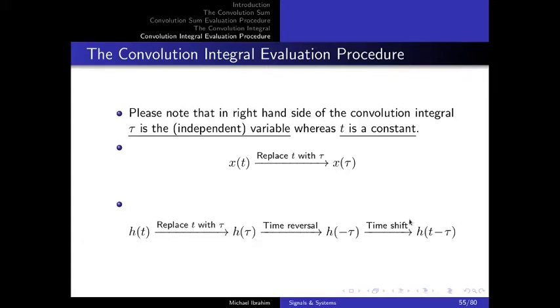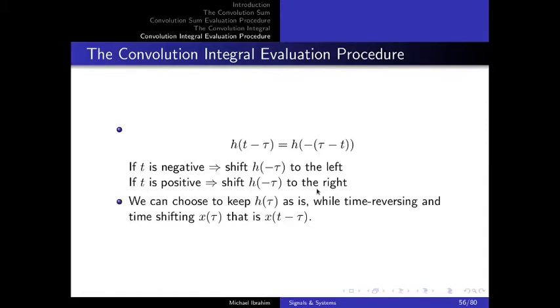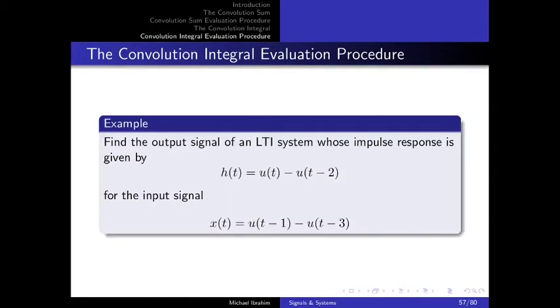Or you can do it the other way around. And similarly, if t is negative, we will shift h of minus tau to the left. If t is positive, we will shift h of minus tau to the right. And we can choose the other way around, to keep h of tau as is and mirror and shift x of t. Okay, so let's start with our first example.